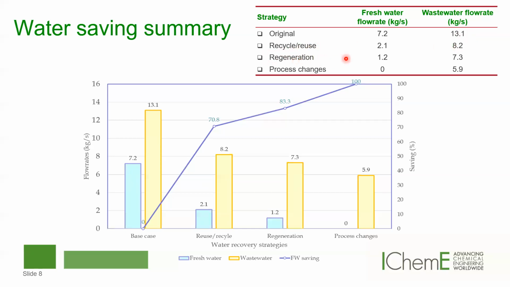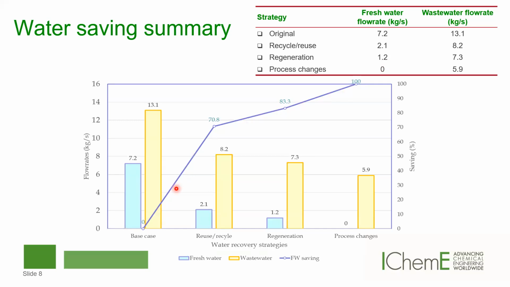With the regeneration, by installing an absorption column, we're able to further reduce the freshwater requirement and also reduce the wastewater requirement. And further changing the process by removing an entire section of the process that requires the freshwater, we're able to cut down the freshwater requirement to zero, and also the wastewater requirement.